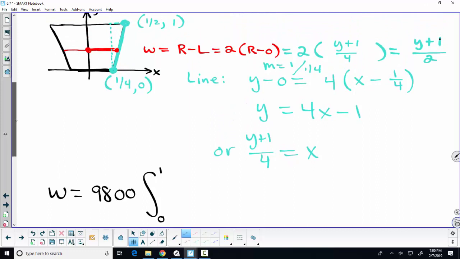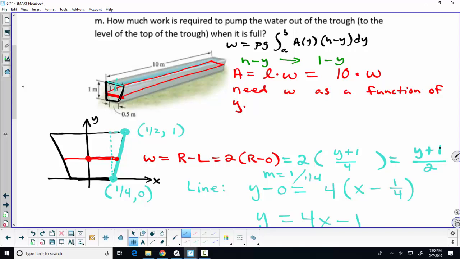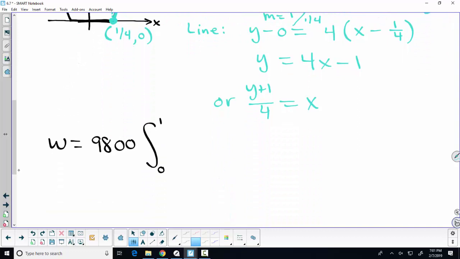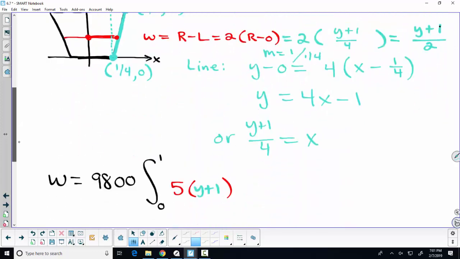The area function. Remember, area was 10 times the width. Let's go ahead and finish this out. 10 times the width, which we found was y plus 1 over 2. So that's 5 times y plus 1. Okay. And then what was it? Oh, 1 minus y.